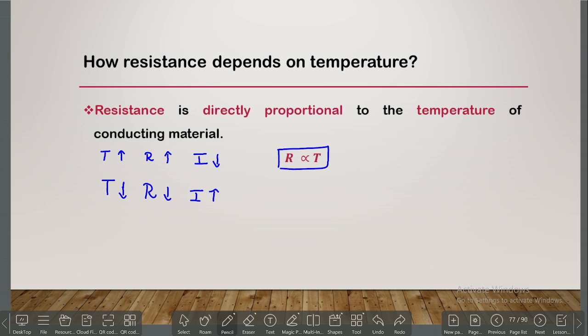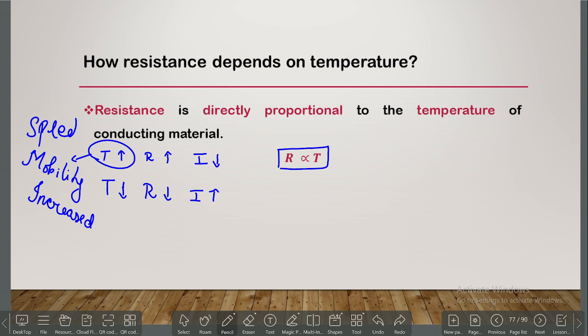Why is it happening like this? Whenever we increase the temperature, the mobility of the electrons will increase. That means the speed of electrons will increase.